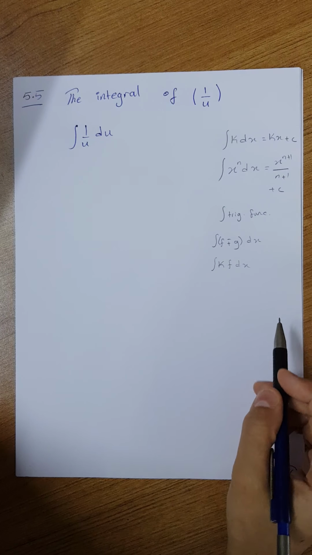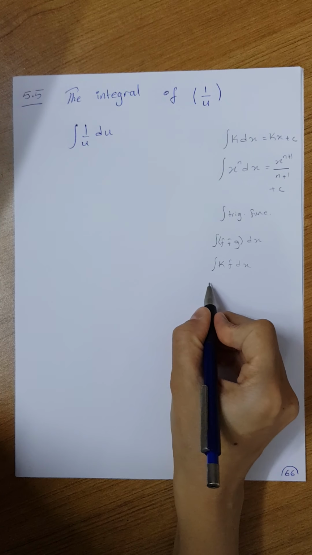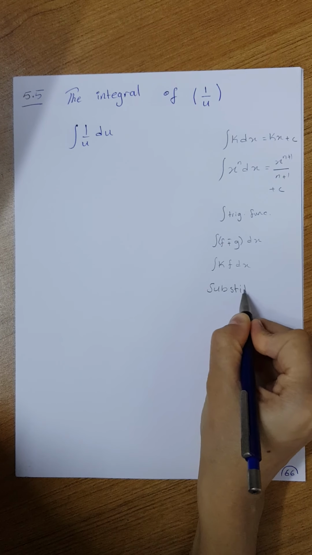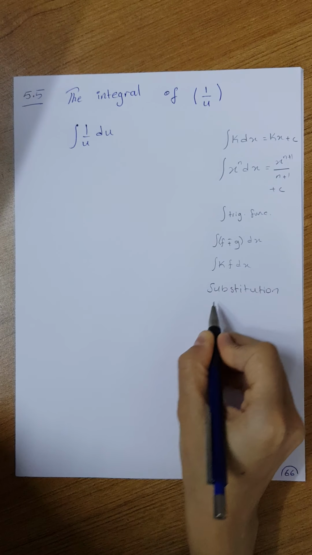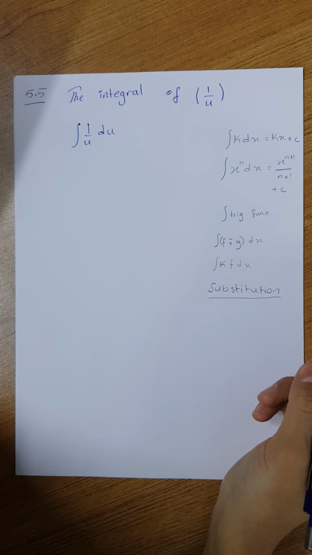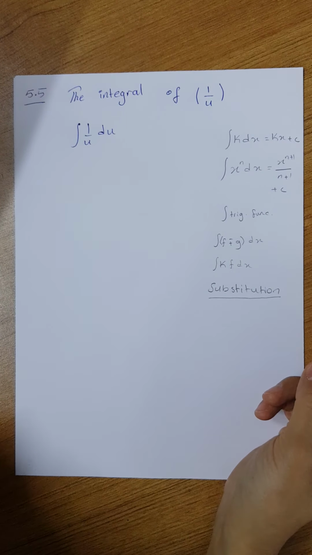And then later on we came to the substitution method. What was the substitution method? It was a method used for some kinds of integrations that were a little bit complicated.